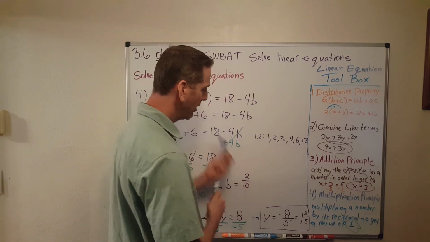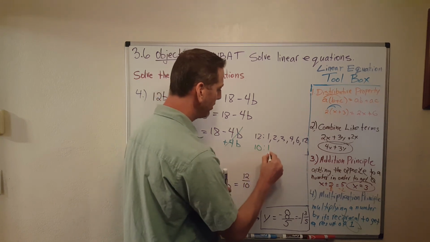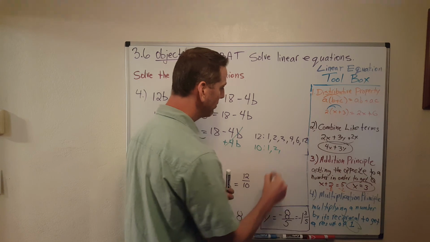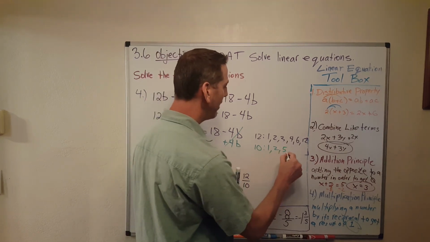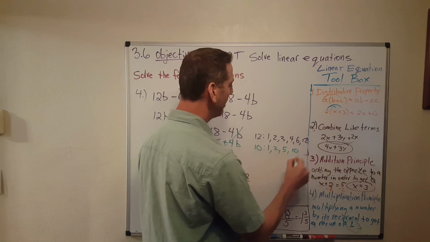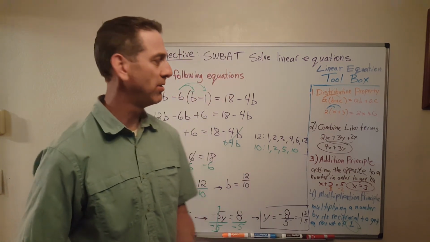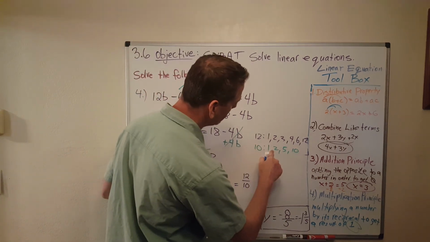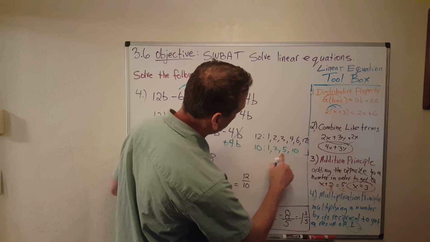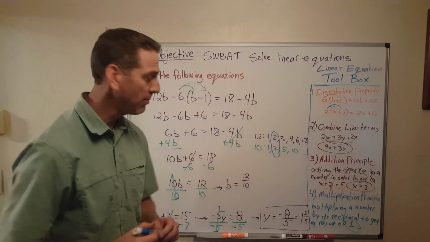Let's do that in green. Factors of 10, well, 1 goes into 10, 2 goes into 10, 3, no, 4, no, 5 goes into 10, and 10 goes into 10. So what's the greatest common factor? Let's see, 1, 2, 5, well, it's going to be a 2, isn't it? 2 is my greatest common factor.